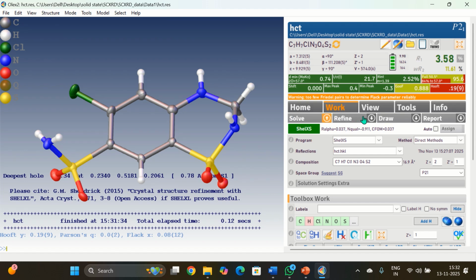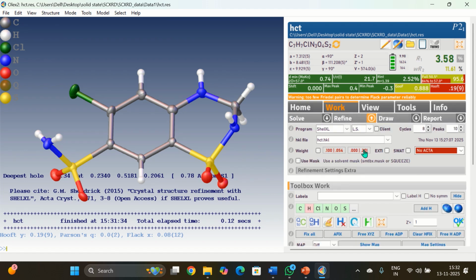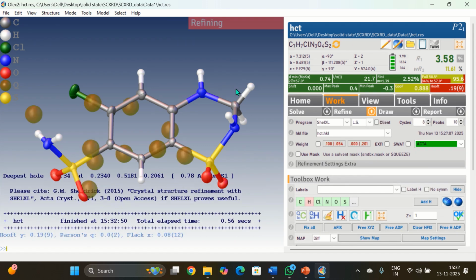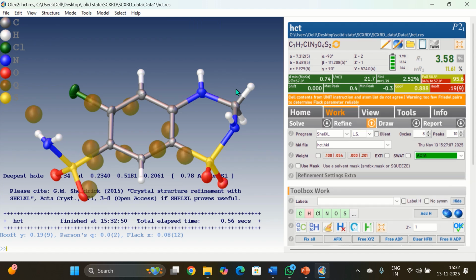Okay, so for the zip file we go to refine, add, change the program to ACTA, and then refine it again. The structure that has been drawn is then converted into the zip file and saved at the same position at which the HKL file of this HCT was present.